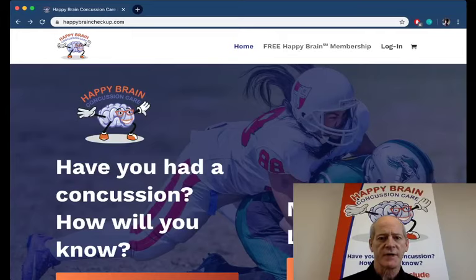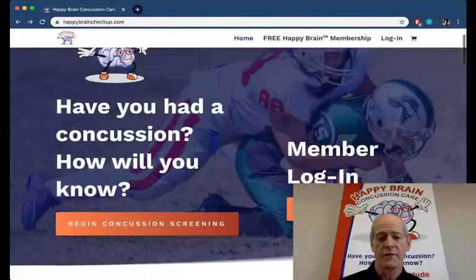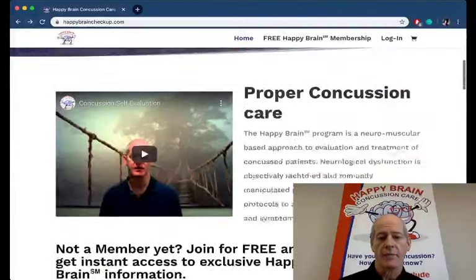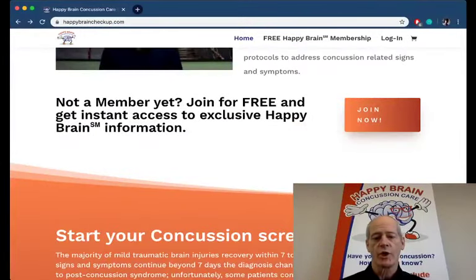You'll see it says free HappyBrain membership. You can go here and log in and create a new profile. If you've already got a profile, log in so that you can join in on the training page, which is on the other side of the login. The login is totally free. At the bottom of this page, you can see there's a Join Now button.